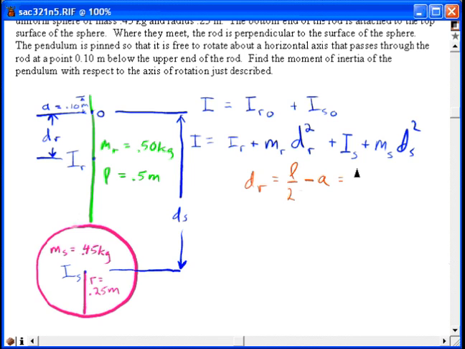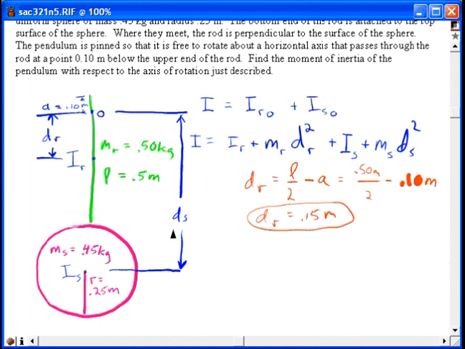So that's 0.50 meters divided by 2 minus the a, the 0.10 meters. So I got 0.25 minus 0.10, which is 0.15 meters. I'm going to need that value right in there.